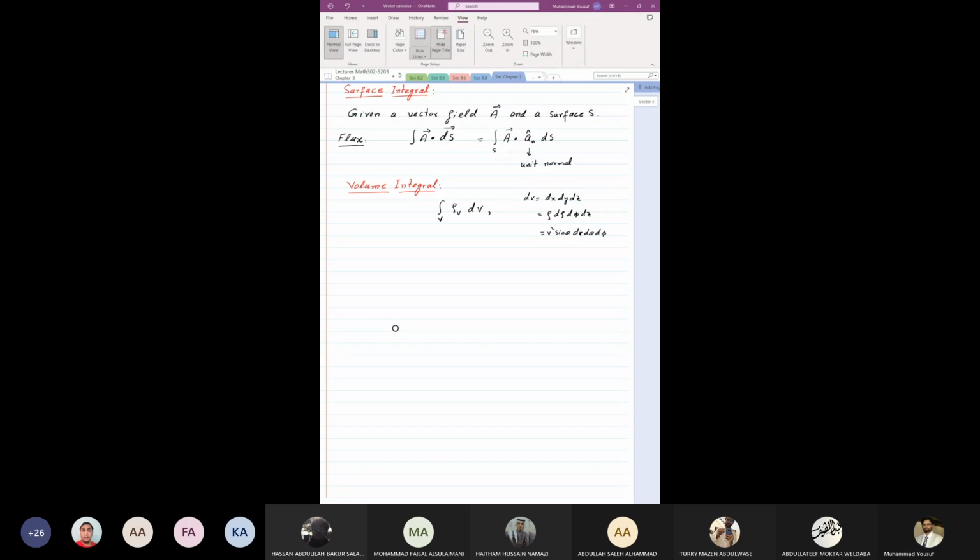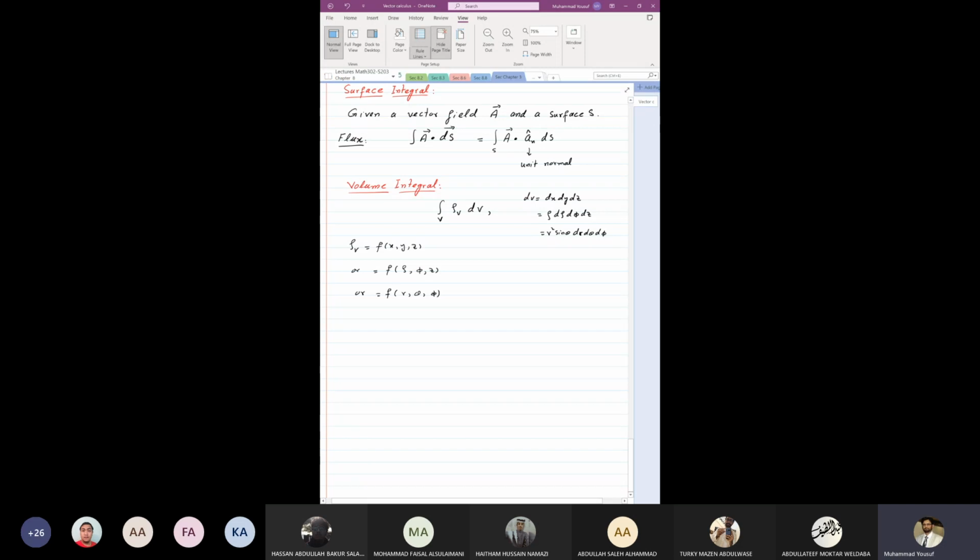Rho v will be a function of x, y, z, or a function of rho, phi, z, or some function of r, theta, phi.